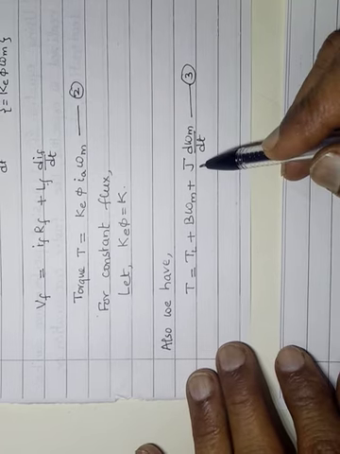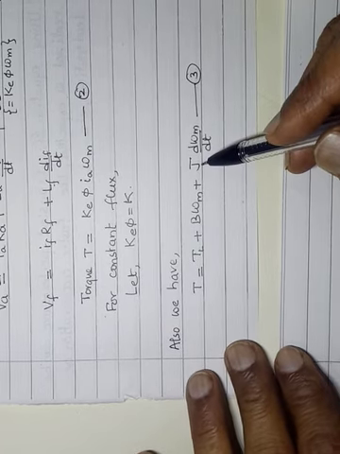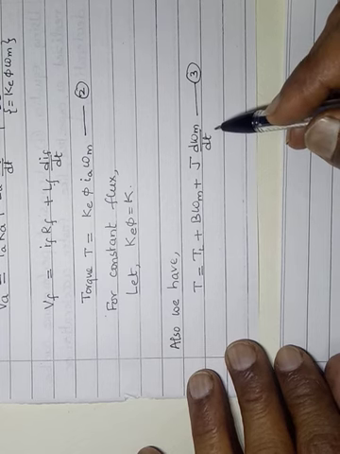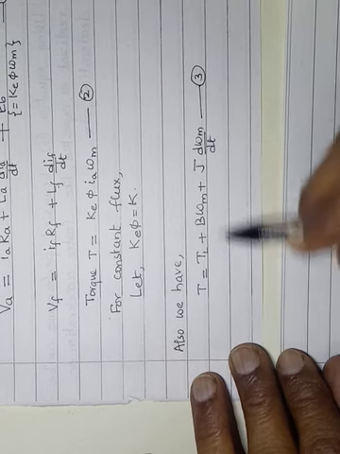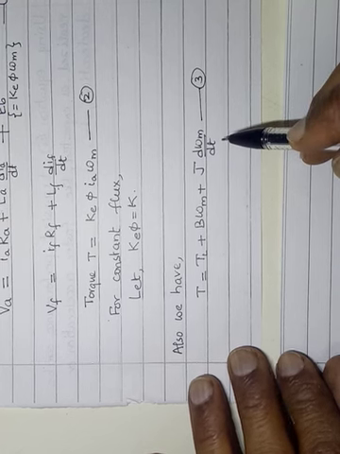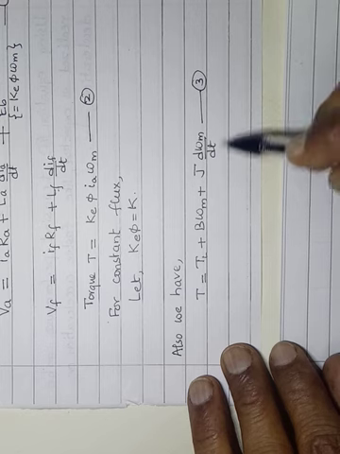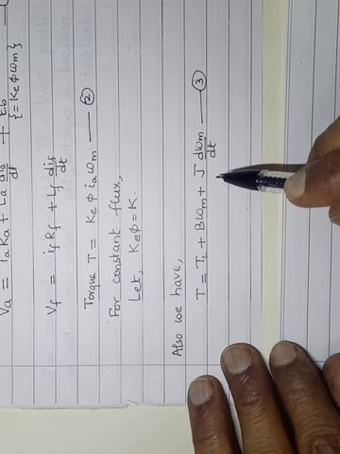Again, this equation we have come across when we discussed this. Try to recollect this torque. I will give a moment for you to recollect. Where did we come across this torque?